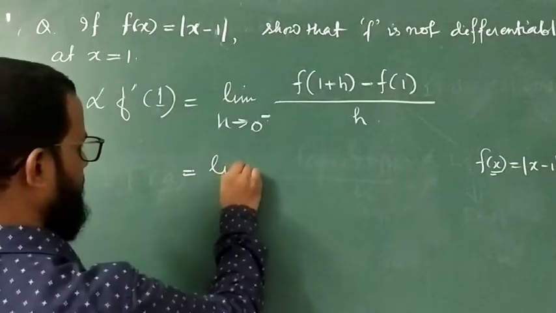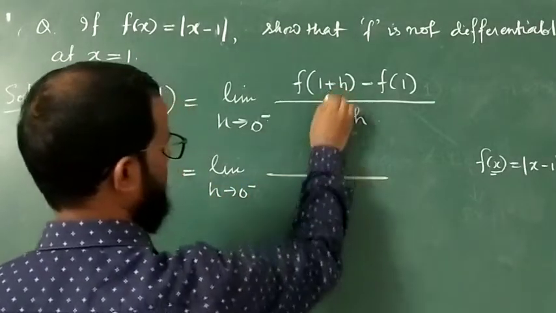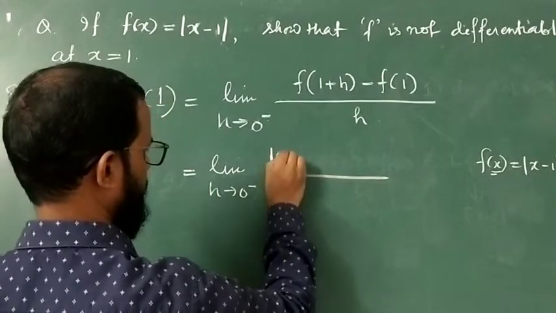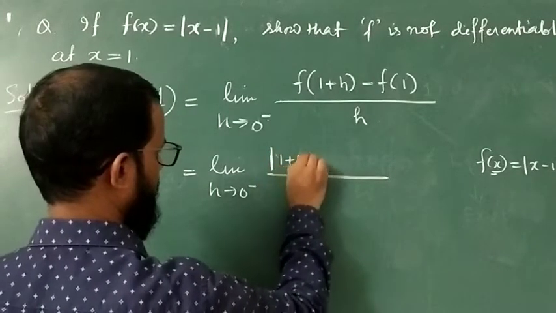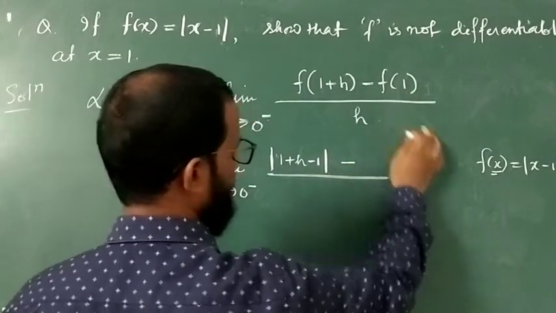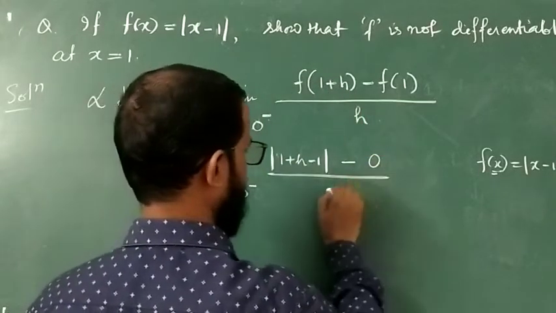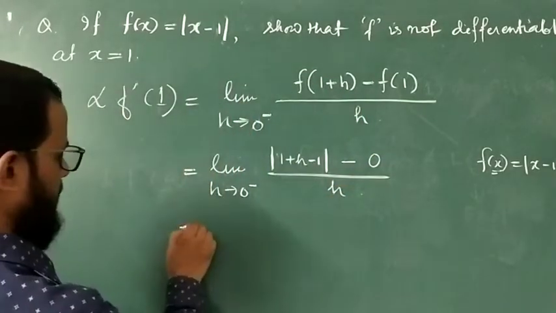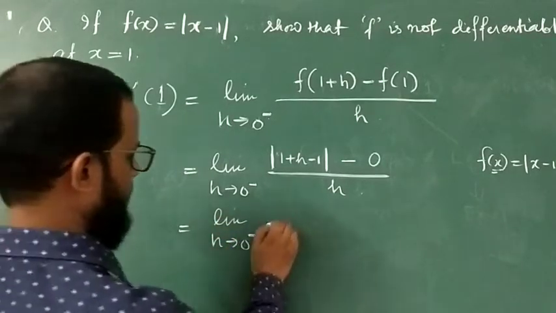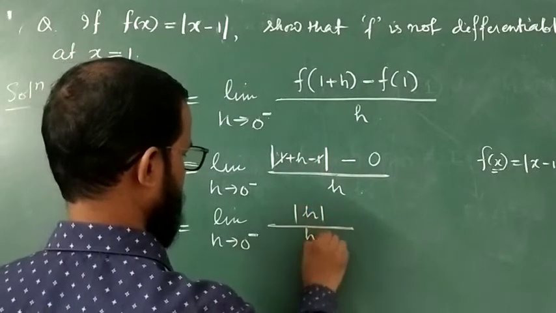So your result will be modulus of 1 plus h minus 1, and f of 1 will be, if you put x is equal to 1 here, modulus of 1 minus 1, means 0 होगा, and it is equal to limit h tends to 0 minus, 1 cancels, this is modulus of h by h.